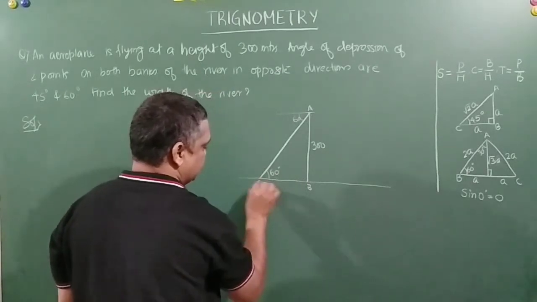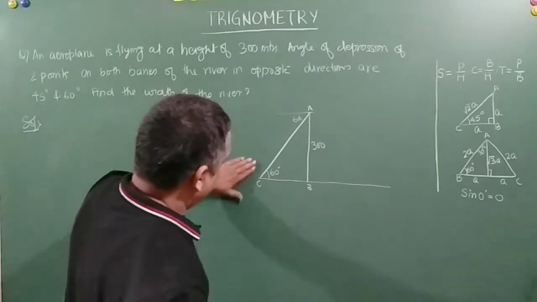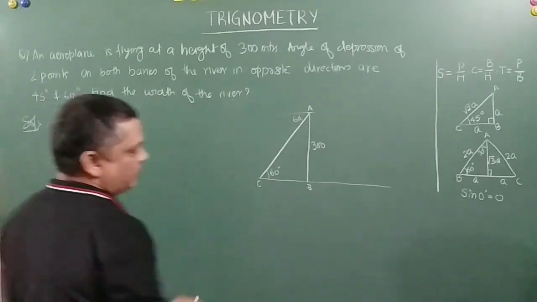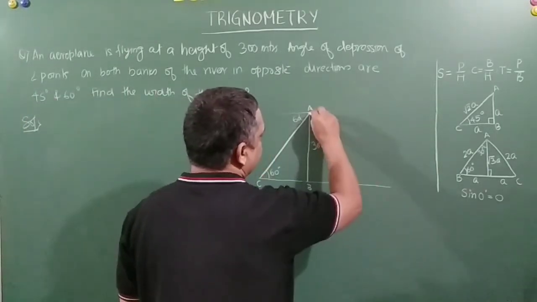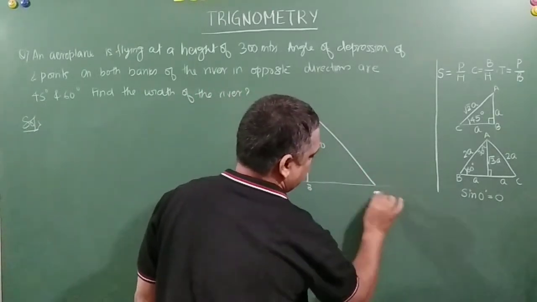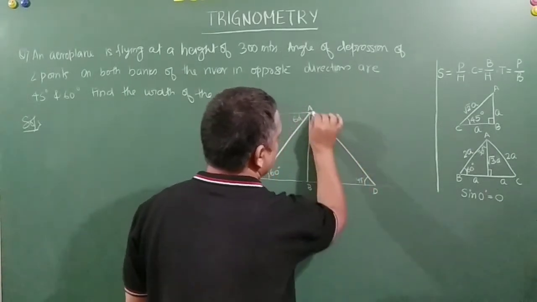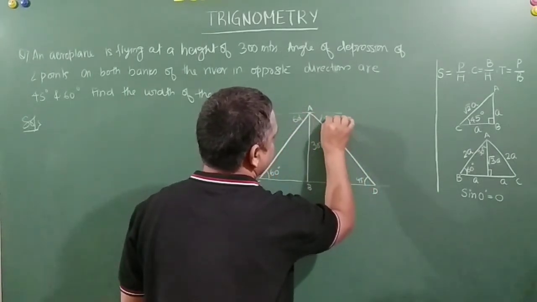Let's call this as C. So this is my one bank of the river, C, 1 point. Another is 45 degrees. Let's call this as D. This is equal to 45 degrees because this is 45 degrees.